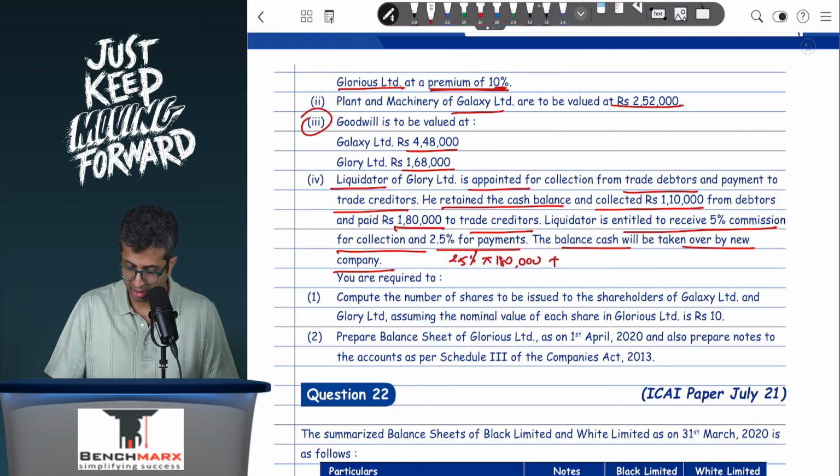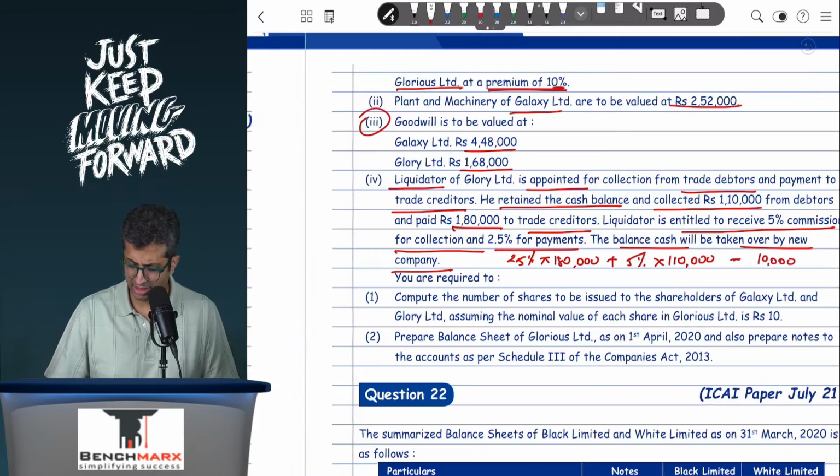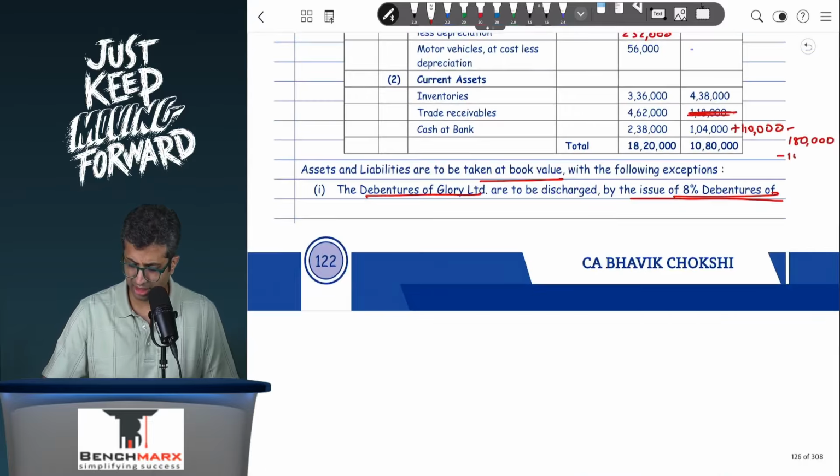and 5% of 1,10,000. So this is 1,80,000 into 2.5% and 1,10,000 into 5%. Total comes to I think 10,000. And this 10,000 you will further deduct, and they have said the net amount will be taken over.